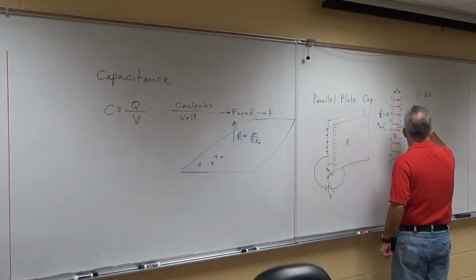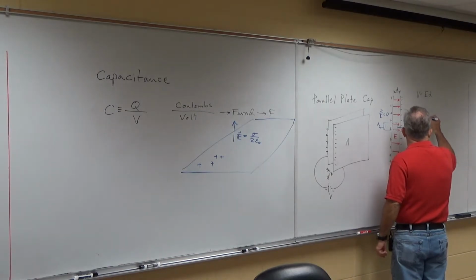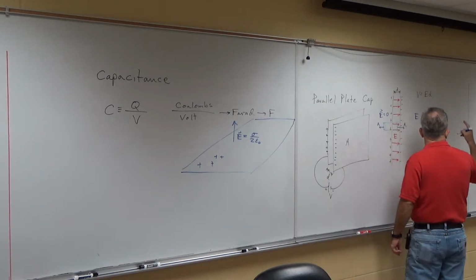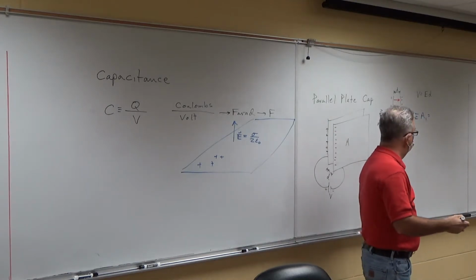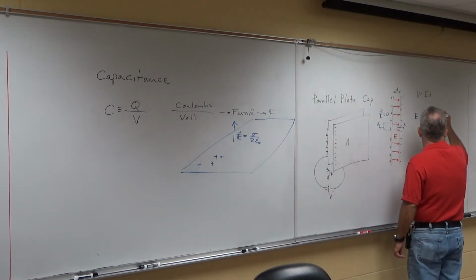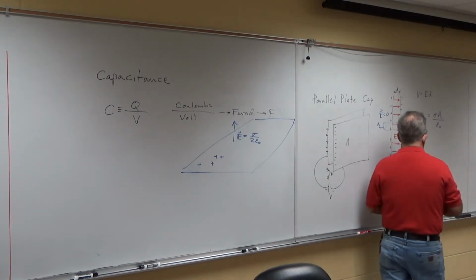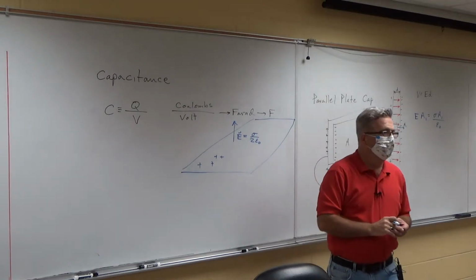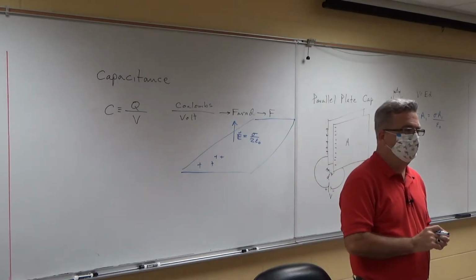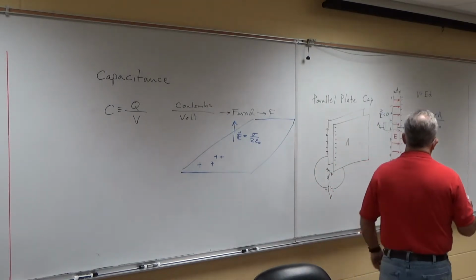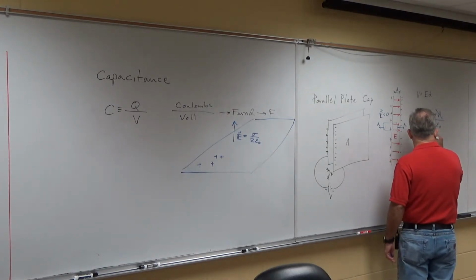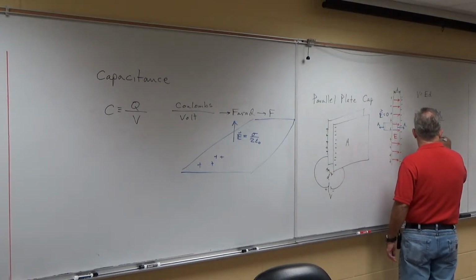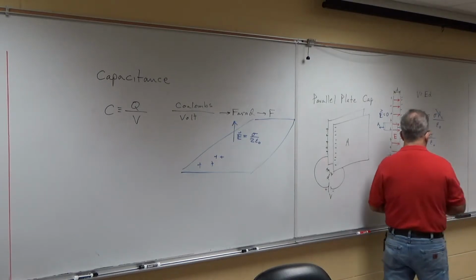So E times A1 is equal to Q enclosed in the little cylinder over epsilon naught. Well, Q enclosed is sigma A1. So A1 cancels, and you get E inside the capacitor is sigma over epsilon naught.